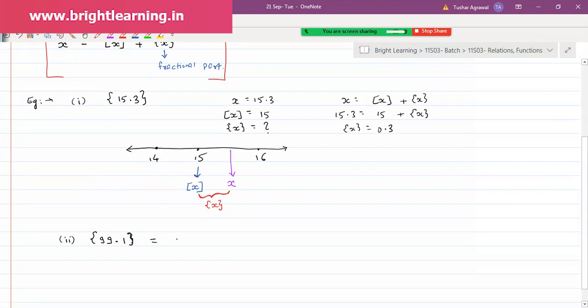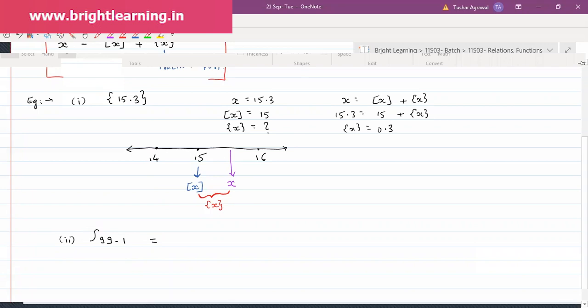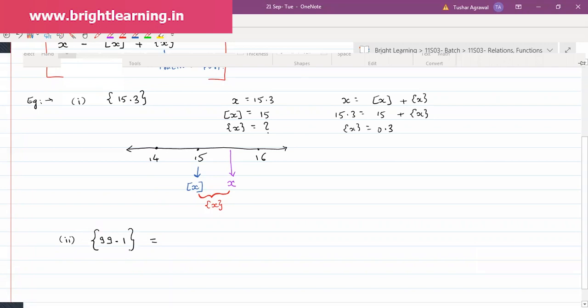Sir, it will be 99. Fractional part. What is this symbol? So 99.1, and when I write it in curly braces, what is the meaning? What I'm asking is actually the fractional part of 99.1. So can I say the fractional part of 99.1 is 0.1?